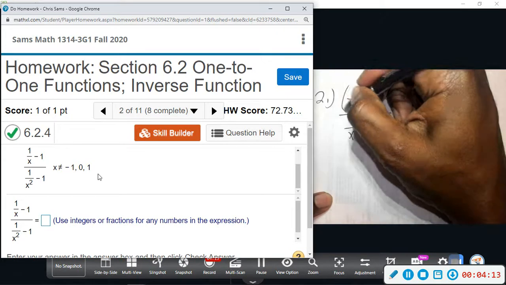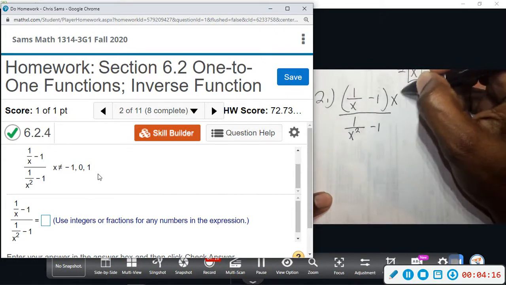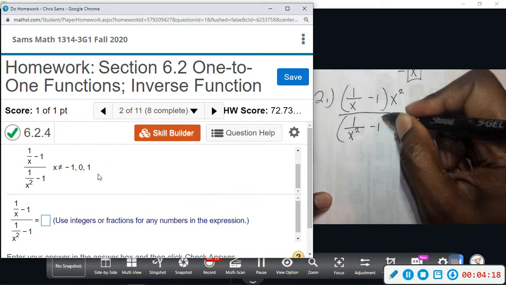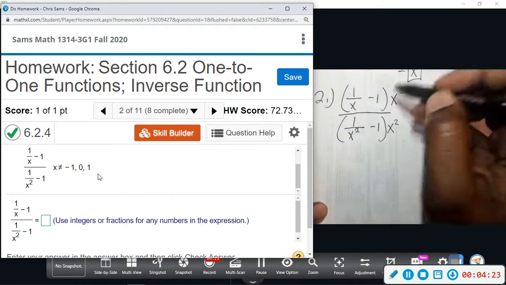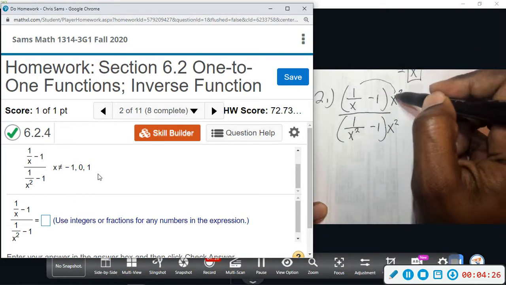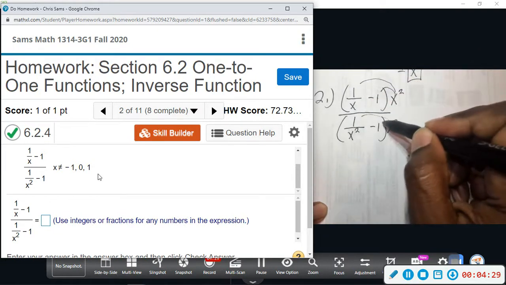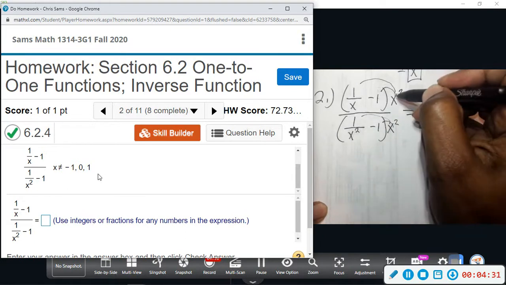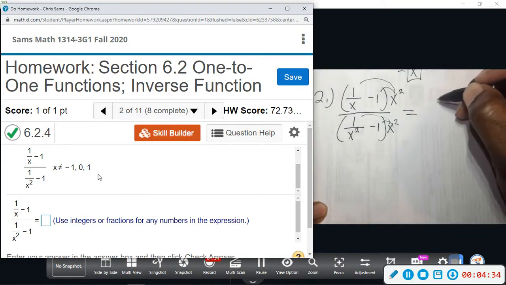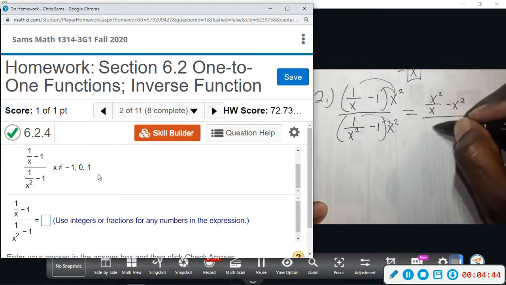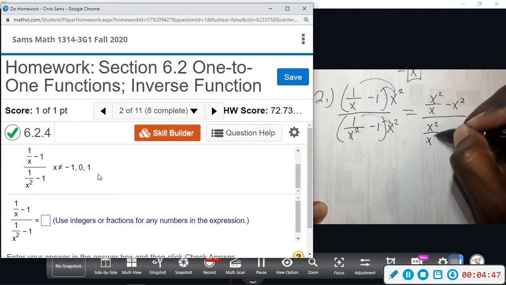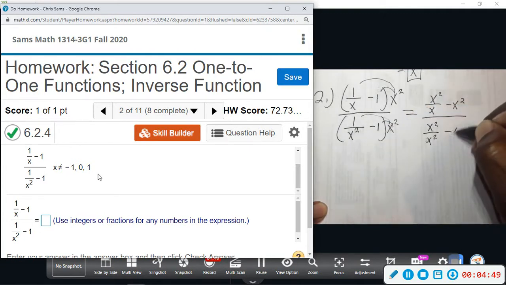So we're multiplying by x squared on top and bottom, distributing it to both terms in each. When we multiply, we get x squared over x, and then minus x squared, and on the bottom we get x squared divided by x squared, and then minus x squared.